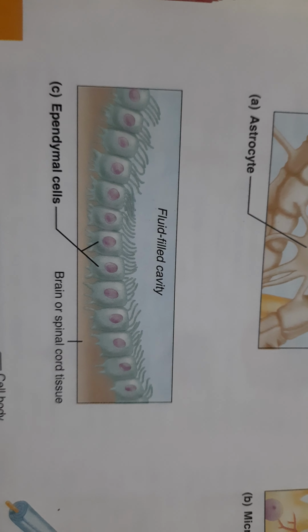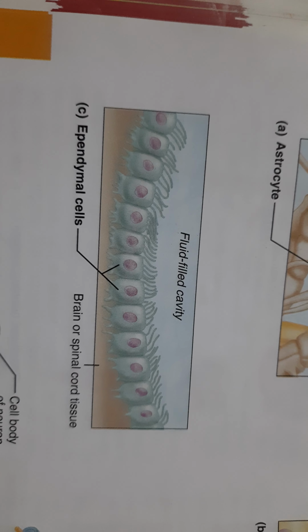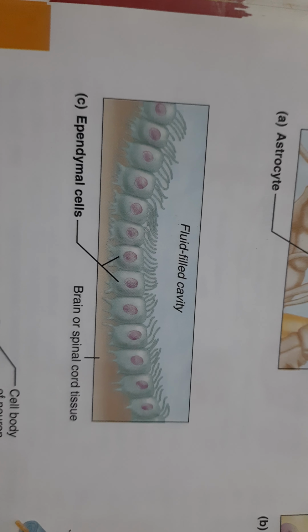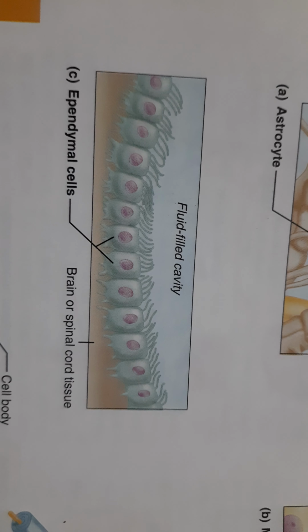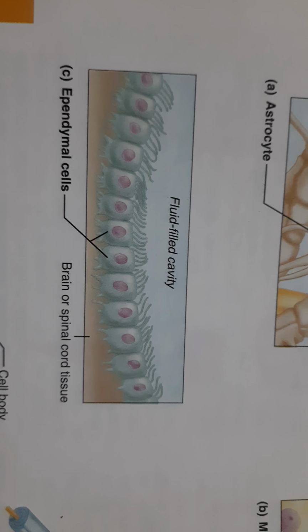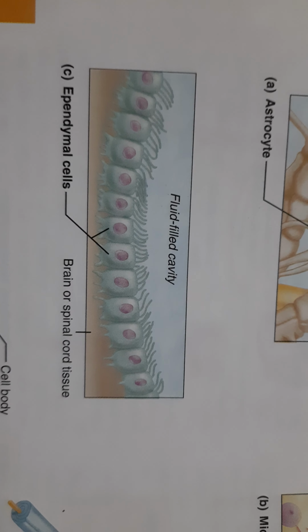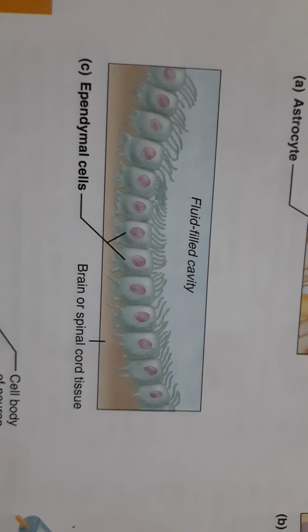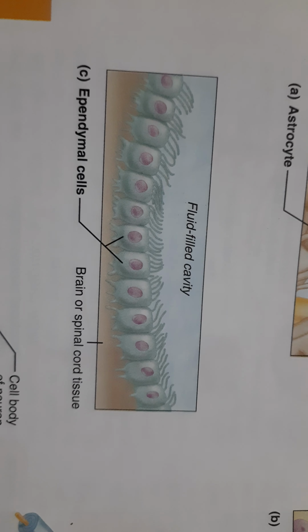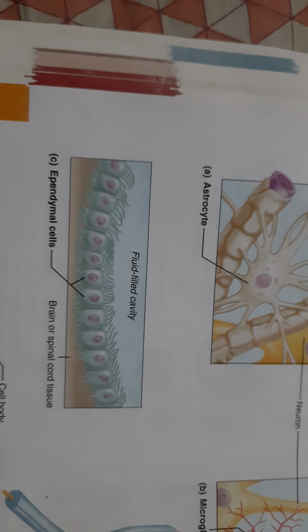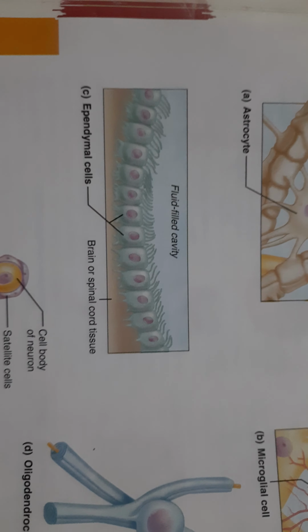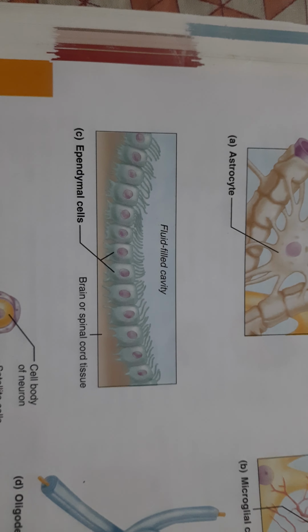And out here, these are the ependymal cells. These cells line the fluid-filled cavity inside the CNS, the central nervous system. These help in the transfer of the cerebrospinal fluid, and thus allow the exchange of fluid between the cerebrospinal fluid and the tissue fluid of the CNS.